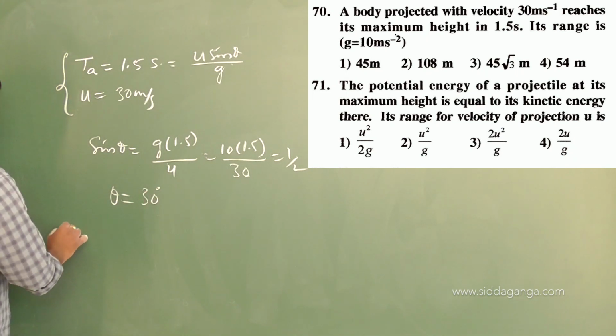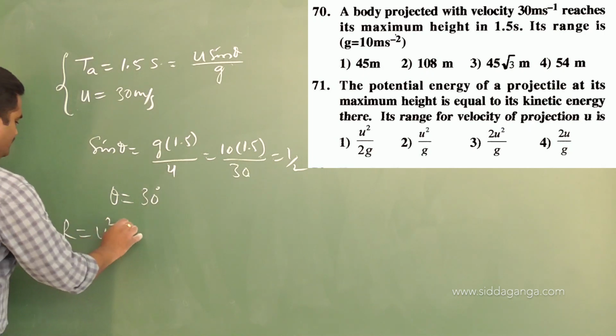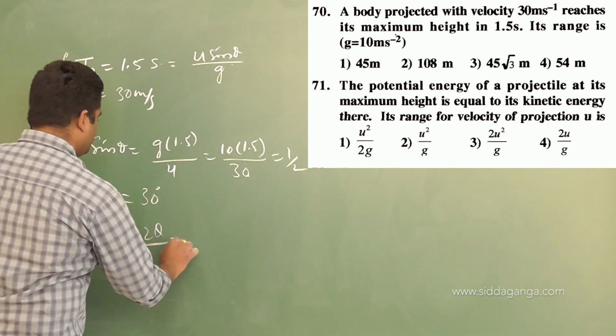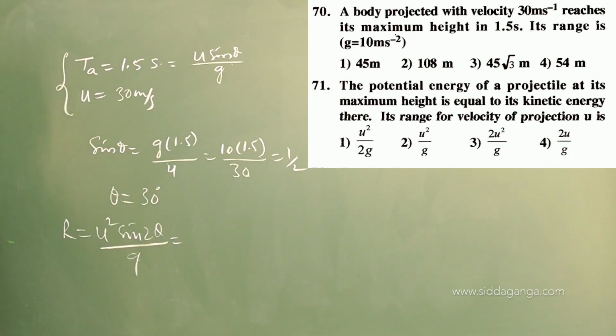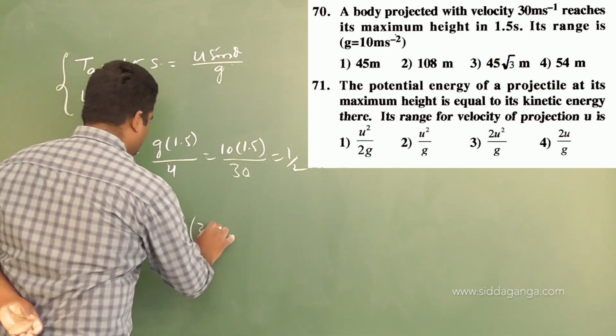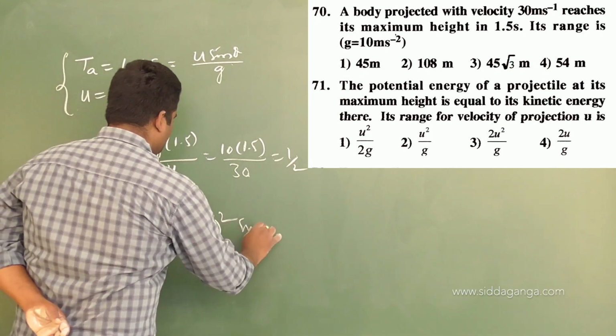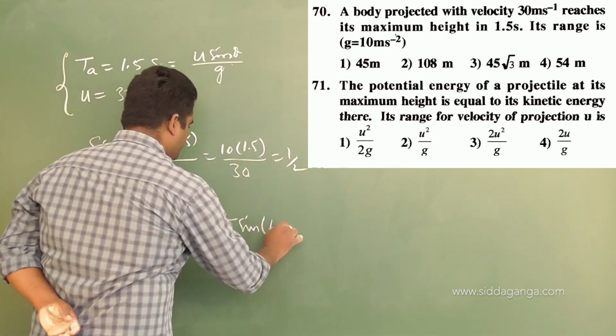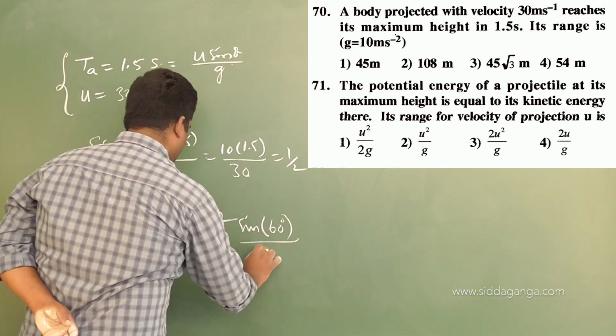So directly we got it. Then range R equals u square sine 2 theta divided by g. U is 30, so 30 square into sine of 2 theta, that is sine 60, divided by 10.